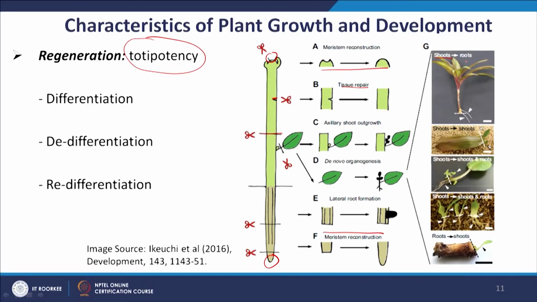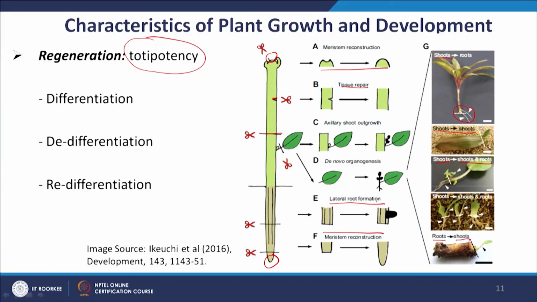For example, you can take shoot and induce root, take shoot and induce shoot, take shoot and induce both shoot and root, or take root and induce shoot. So what does it tell us? It tells us that if you give a proper signal, proper information or proper hormonal combination, you can activate a full and proper developmental program for shoot development as well as root development.